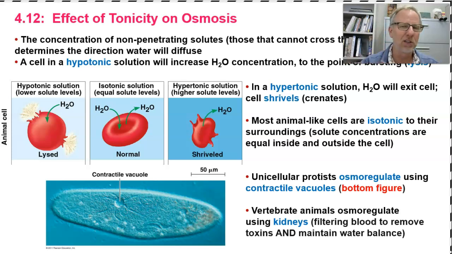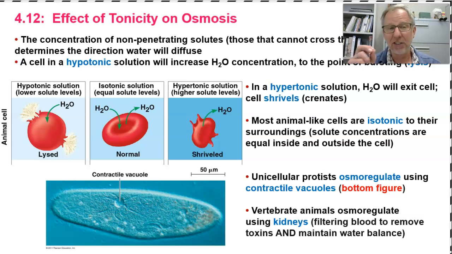Well, that means the solution it's put in has a high concentration of solutes and therefore a lower concentration of water compared to the cell. That means water will move out of the cell by osmosis and the cell will shrivel. Bad news.